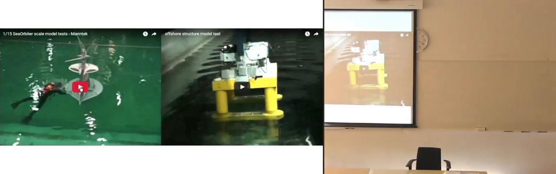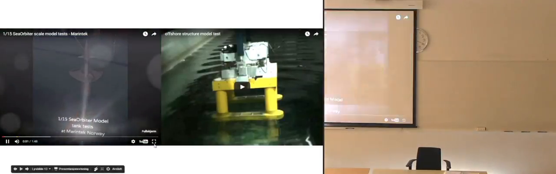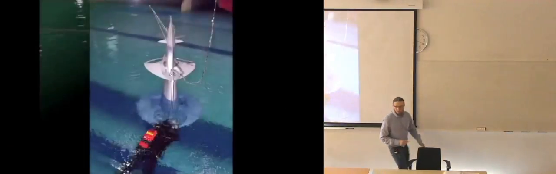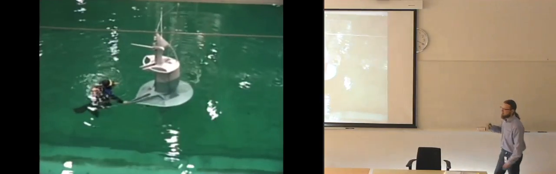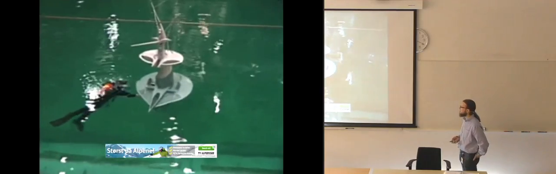You can see this huge plate with the diver that's supposed to be underwater, and then there's just a little part up top that's supposed to be sticking up. It's some sort of experimental ship. This was just more to show how it works when they're doing model tests. And this is 1/15th scale, so it's 15 times smaller than the real ship.